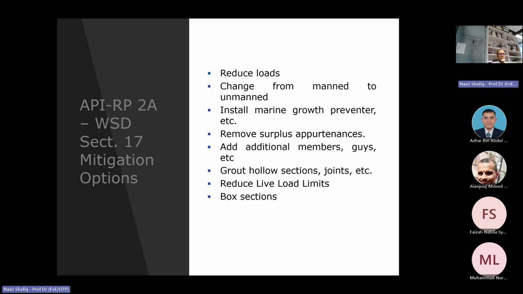Install a marine growth preventer, talking about the offshore structure, right? So there should be no marine growth next to your subsea structure and so on. Remove surplus appurtenances, right? Add additional members, grout hollow sections, joints, and reduce live load, limit box section.